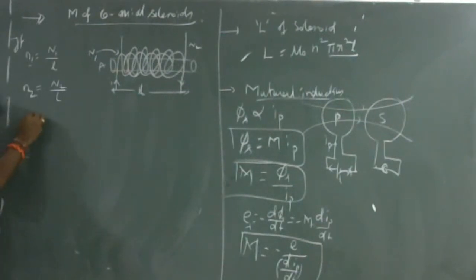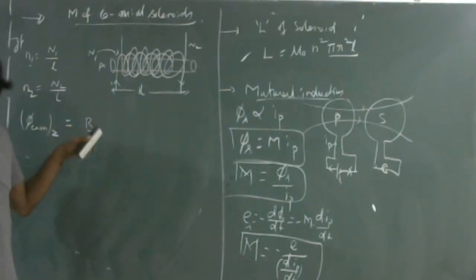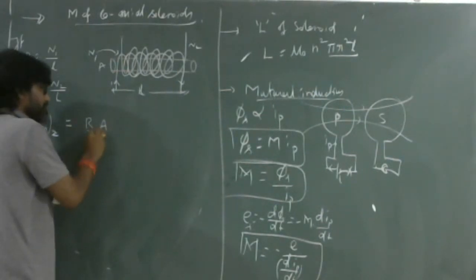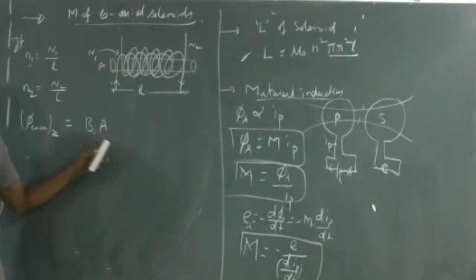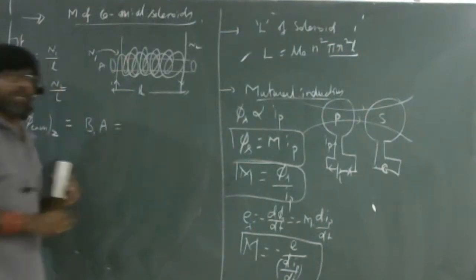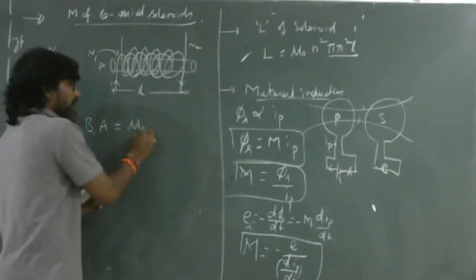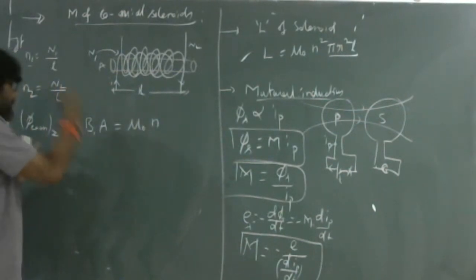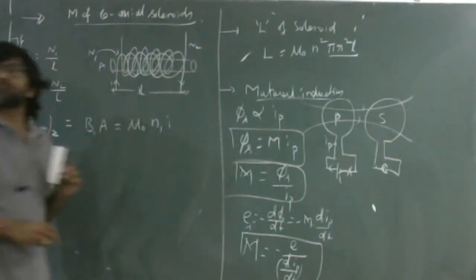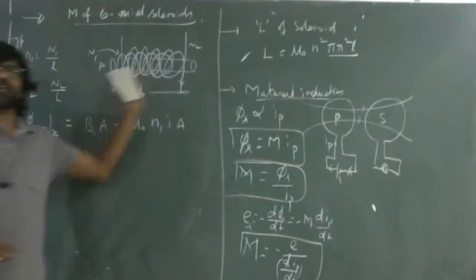So the magnetic flux linking with each turn of the secondary coil is equal to the magnetic field due to the primary coil into the area, where the magnetic field on the axis of a solenoid can be expressed as mu naught n1 I, with small n1 for the primary coil, into the area A. The area is the same for both.